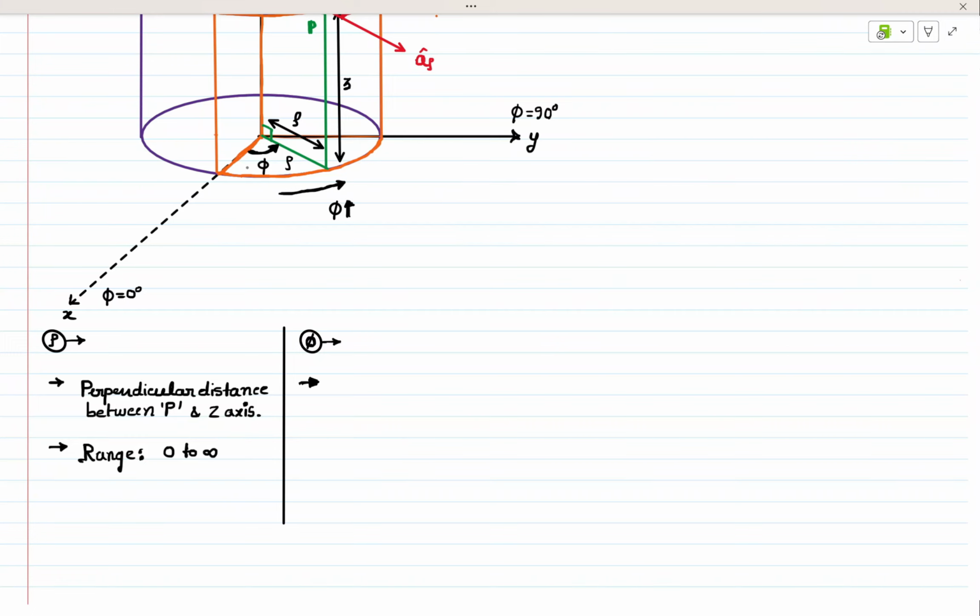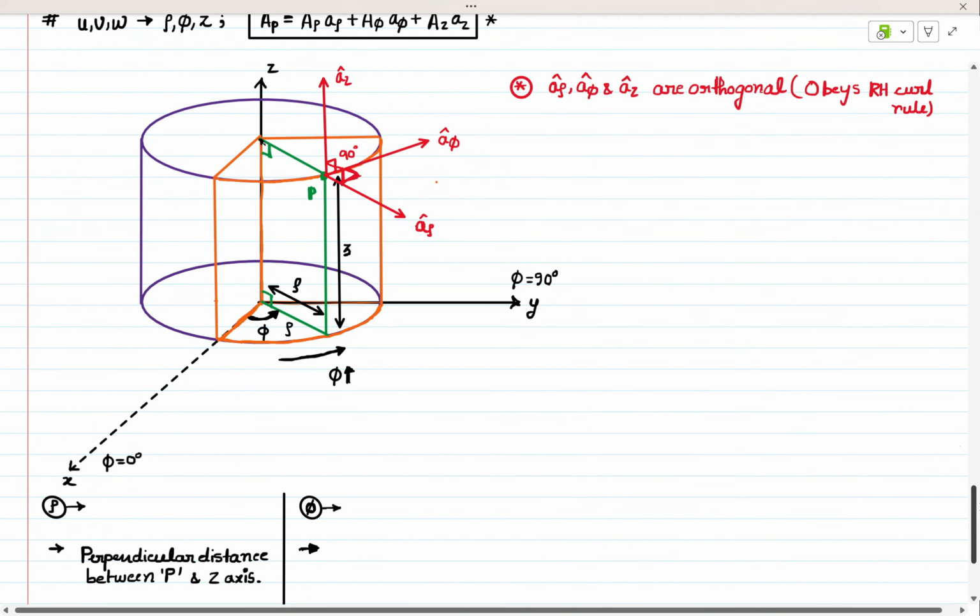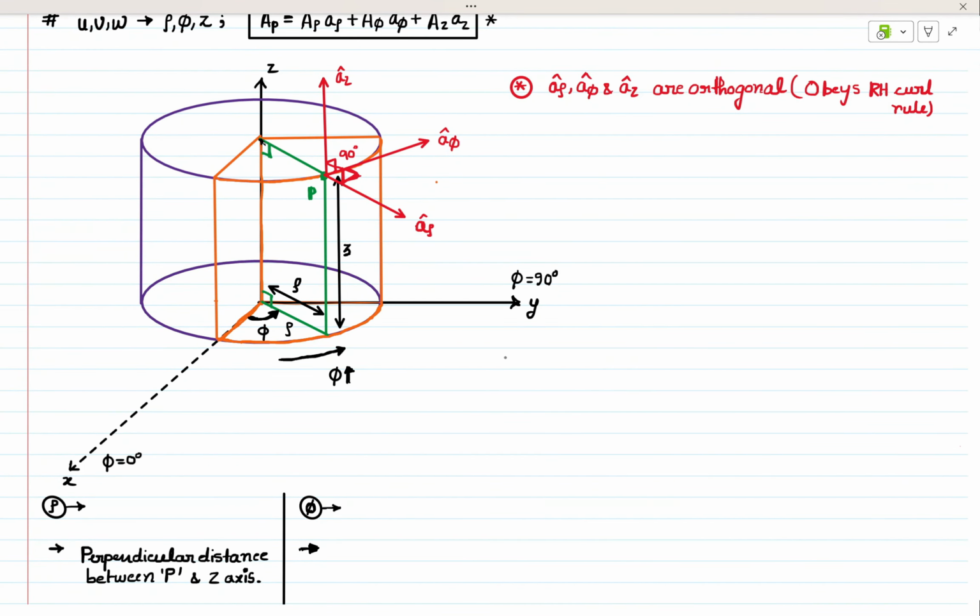Phi is nothing but the angle made. You can see the phi angle has been made above the xy plane, right? The phi is the angle on the xy plane made by the point P with respect to the x-axis. Due to the point P, the angle made between the x-axis and the plane of the point P, that is nothing but the phi.